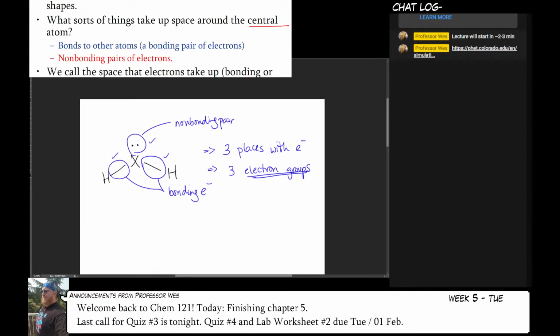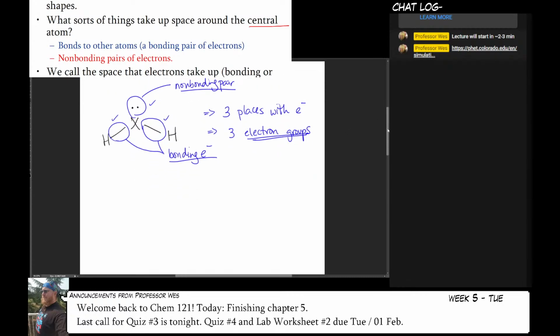So when we're talking about geometry, we're going to be calling these locations where electrons exist electron groups. And an electron group can be either a bond or a non-bonding pair.